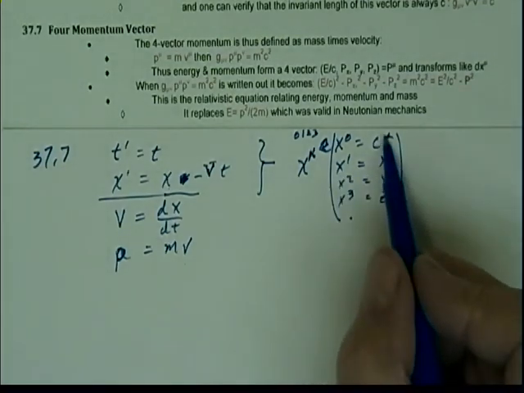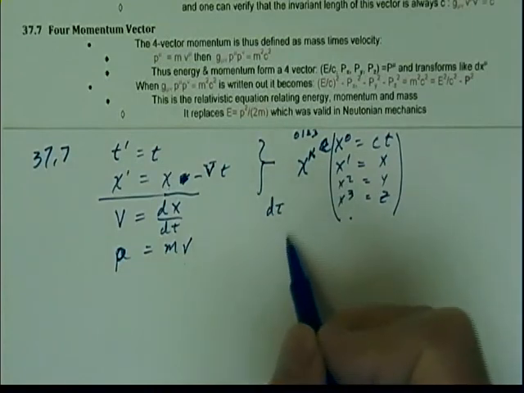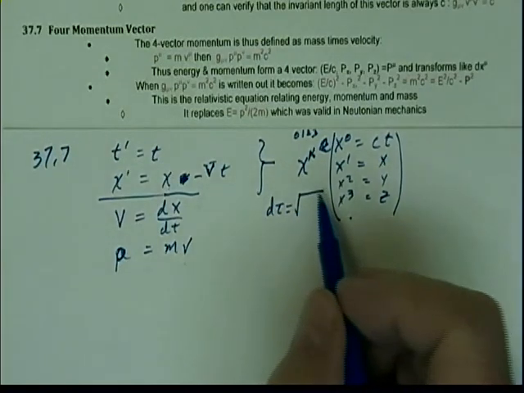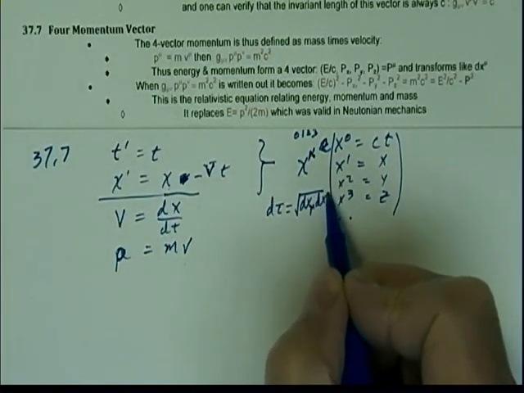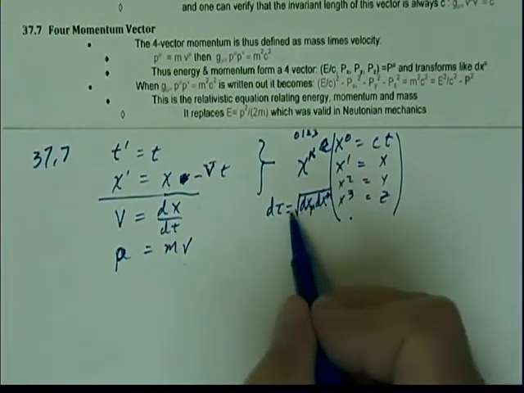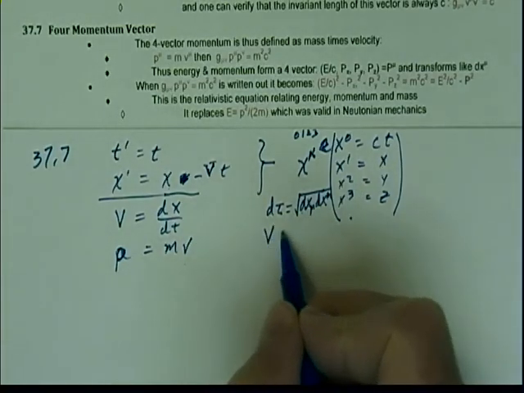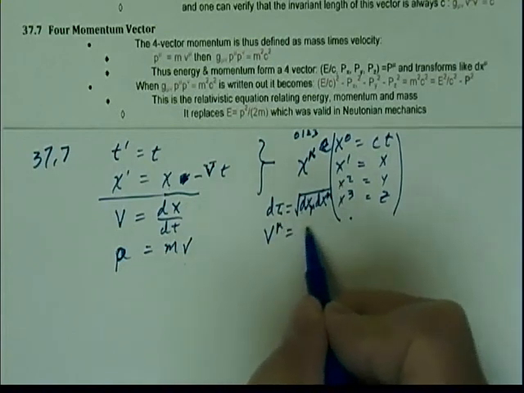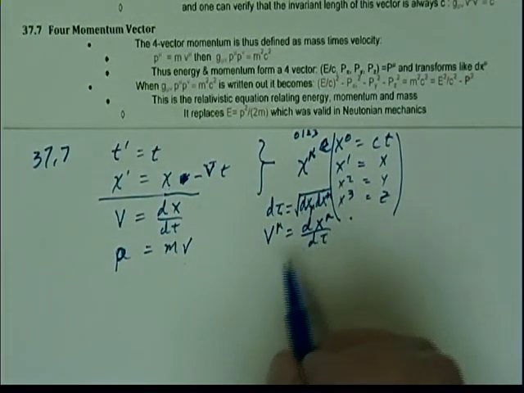Likewise, we can take the length of this infinitesimally and define a d tau, an infinitesimal change in tau, as the square root of dx mu dx mu. And that gives us this invariant time that can now be used to differentiate and form a new kind of velocity. V mu is change in x mu over the change in tau, where tau is a scalar value because it's the length of a scalar product.